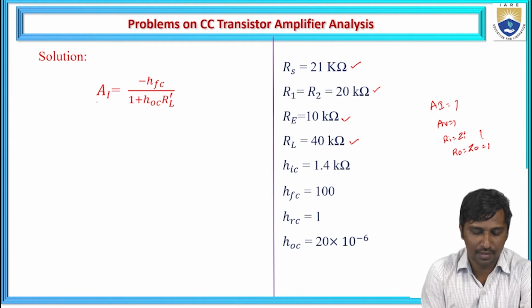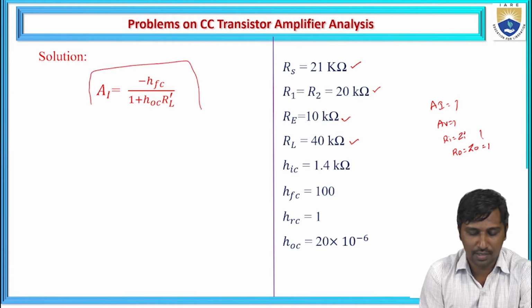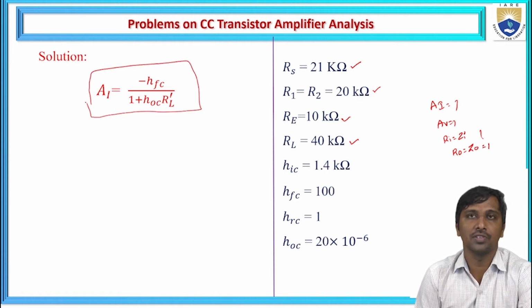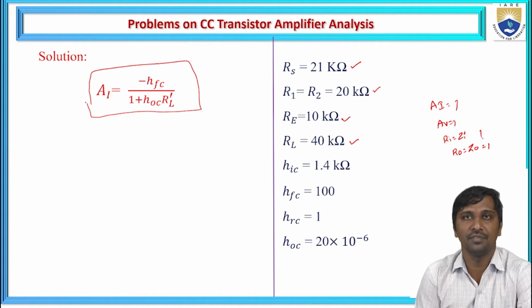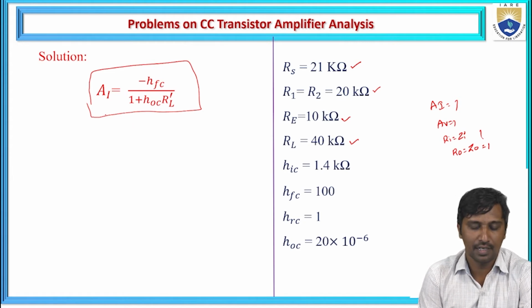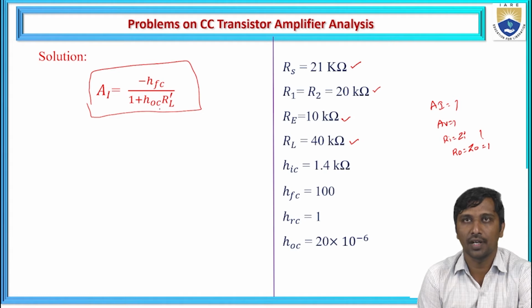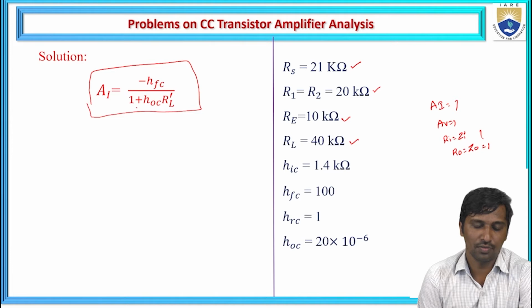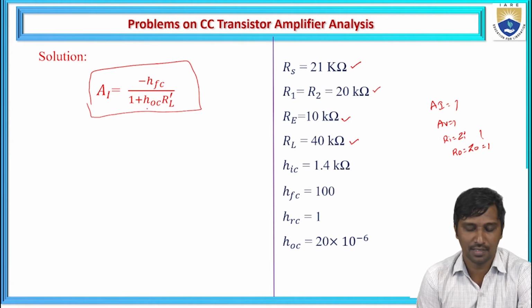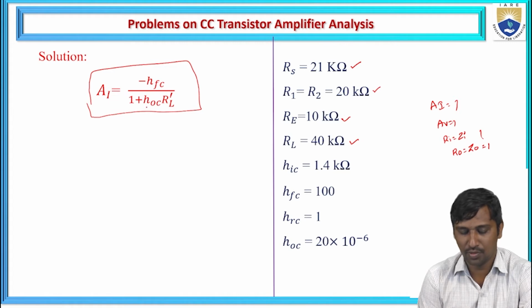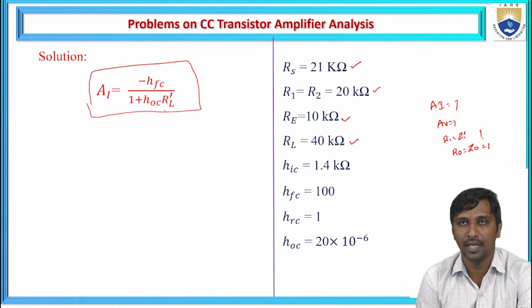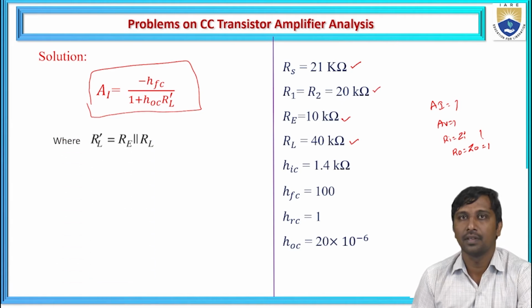First I am going to calculate the current gain in terms of the small signal model of the common collector amplifier. The current gain Ai is represented as minus hfc divided by 1 plus hoc times R'L. In this relation for a common collector transistor amplifier, hfc and hoc are known parameters, so first we need to determine R'L.